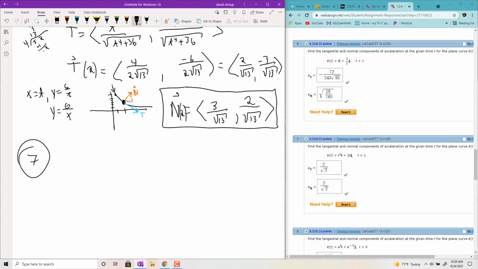So this just comes down to guessing the appropriate component formulas. Avoid having to find that principal unit normal vector at all costs. So anyways, number 7, find basically a sub t, a sub n at t equals 1.